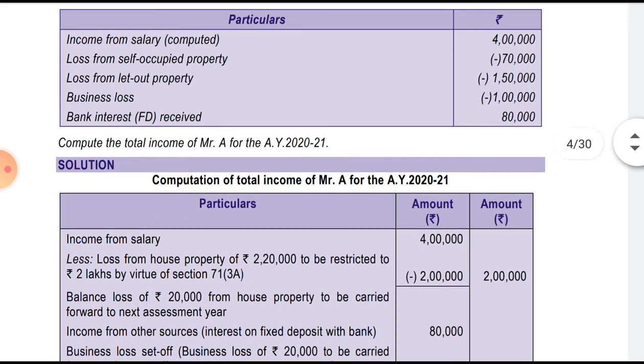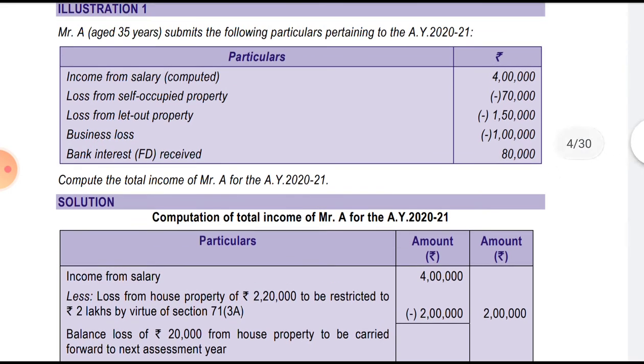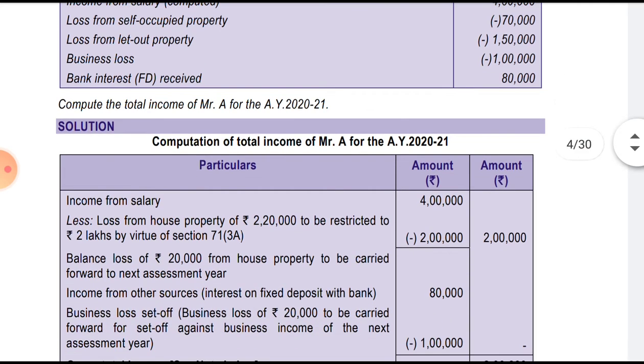And this house property loss can also be set off because the provision states that we can set off only up to the amount of 2 lakh rupees. So over here the house property loss is 1,50,000 plus 70,000, that is 2,20,000. So only 2 lakh can be set off, and 20,000 will be carried forward for the next period.